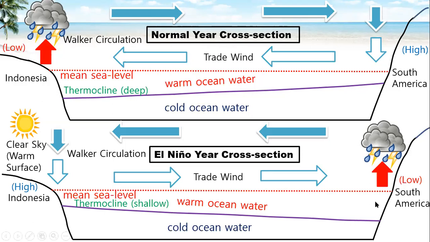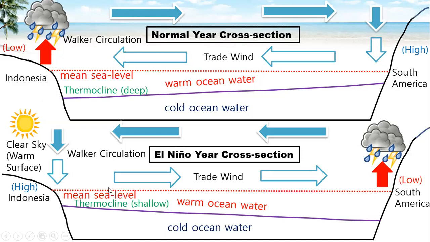upwelling is decreasing. Here we can see that in South America the thermocline is thicker, and warm ocean water dominates the coast of South America.